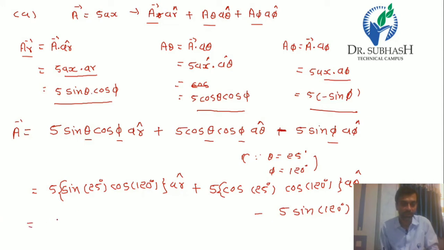If we put the value and evaluate them, we get the answer minus 1.055 in AR direction plus minus 2.265 in A theta direction minus 4.33 in A phi direction.